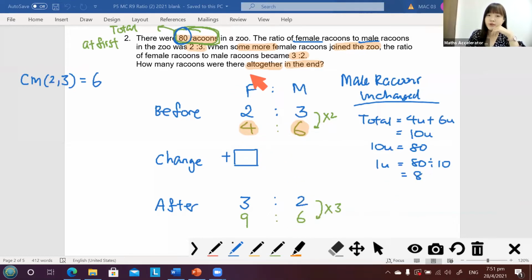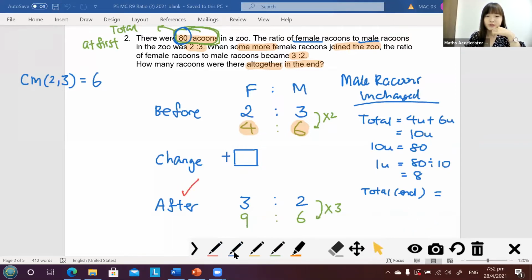So now, how many raccoons were there altogether in the end? So in the end, we want total at the end. How many units at the end? Yep, Jovin. The rest of you can type in the chat. How many units do you think we're looking for in the end? In the end, we must be looking at after.